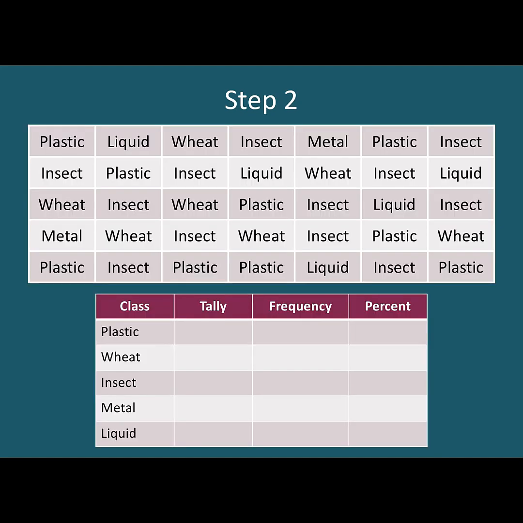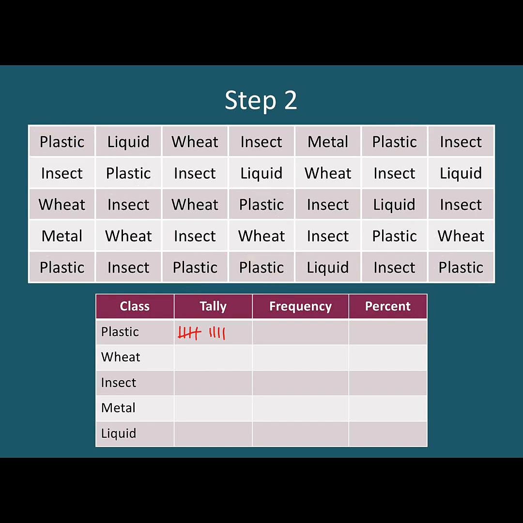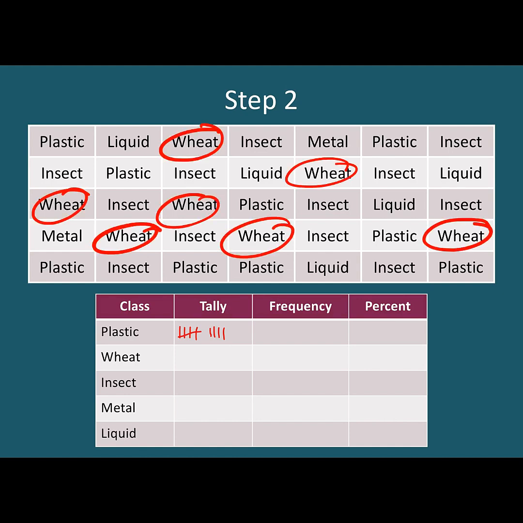There were 9 plastic, and then we proceed with wheat, insect, metal, liquid in the same way. Next for wheat, we see that we have 7 wheat.